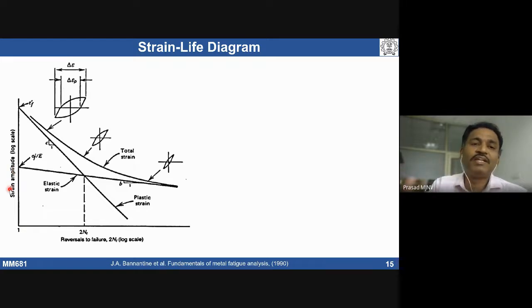Basically, we are defining the material between strain limits. When you apply strain, the deformation can be elastic deformation plus plastic deformation, depending on how much strain range or stress range you are giving. Sometimes we may not see plastic deformation.